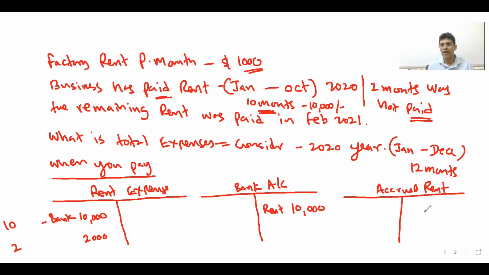This will be a liability account, and that account has to be credited. So when you take the rent for 2020, that will be 12,000. This 12,000 will be transferred to the profit and loss account as an expense.